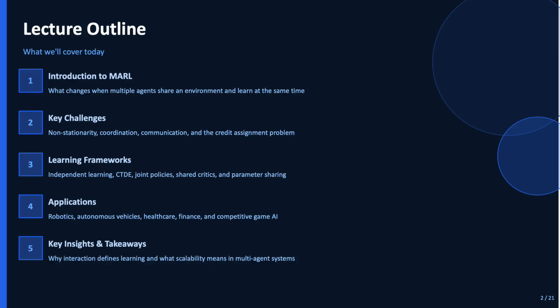The team behind AlphaStar, DeepMind's StarCraft 2 playing system, confronted exactly this complexity. The game requires one agent to control dozens of military units across the map, coordinating attacks, managing resources, and responding to an opponent who is also learning and adapting in real time.